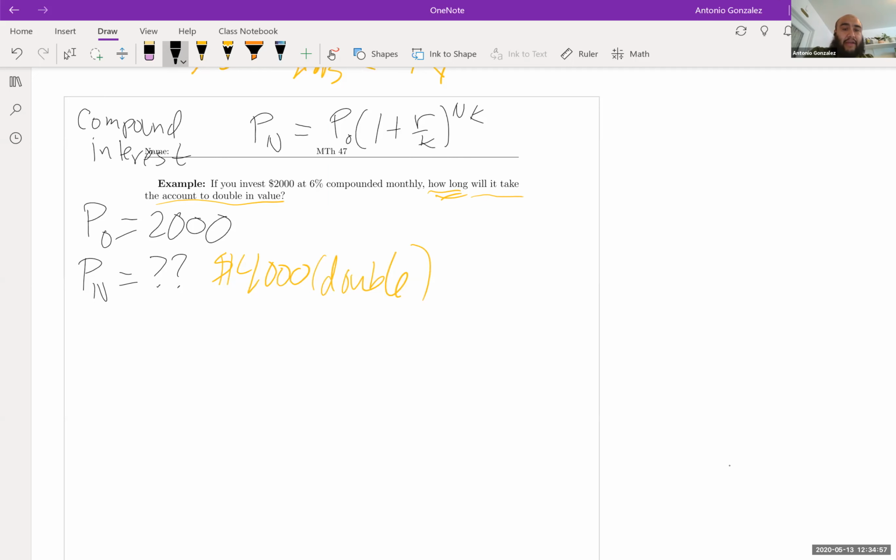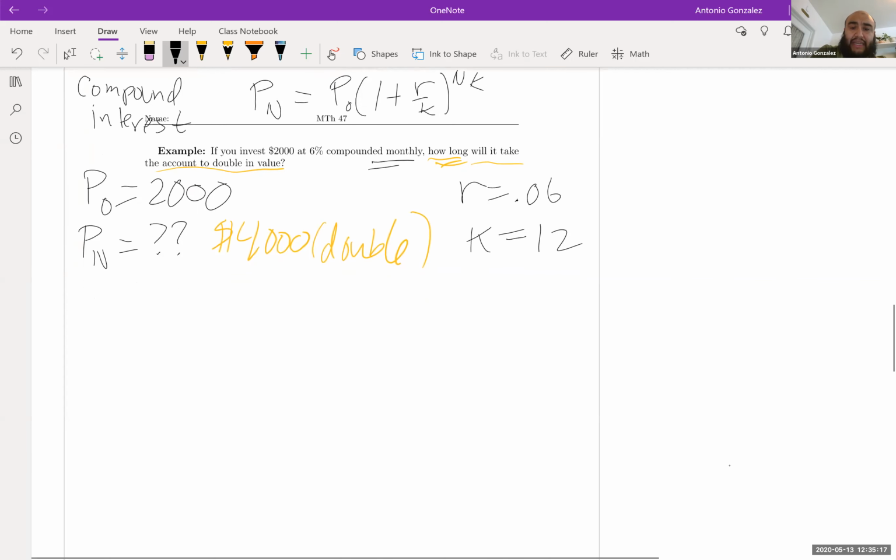All right, so here we have, if you invest $2,000 at 6% compounded monthly, so r is 6%, k is 12, right? Monthly compound interest. Okay, so now we have everything we need here. Pn is 4,000.